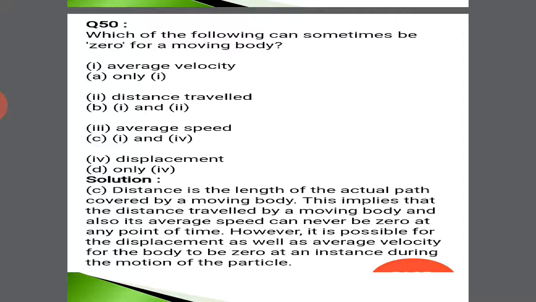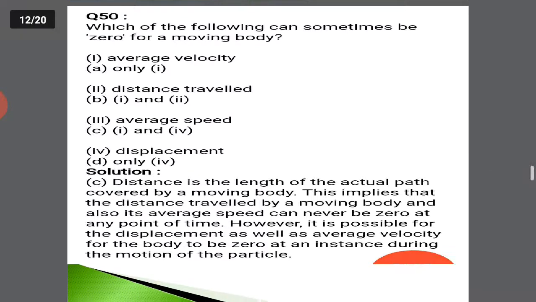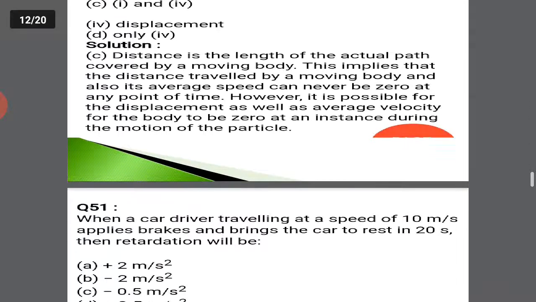This implies that the distance traveled by a moving body and also its average speed can never be zero at any point of time. However, it is possible for the displacement as well as the average velocity of the body to be zero at any instance during the motion of the particle.